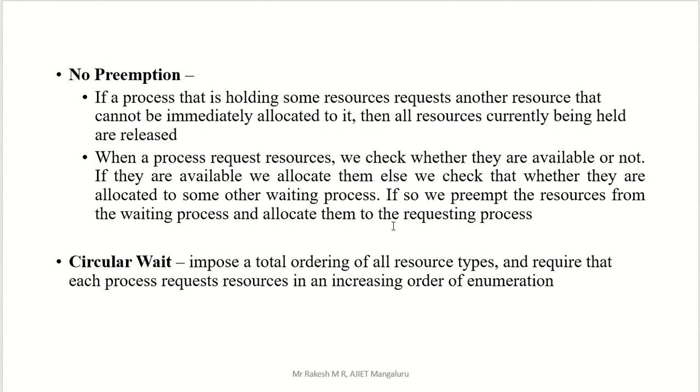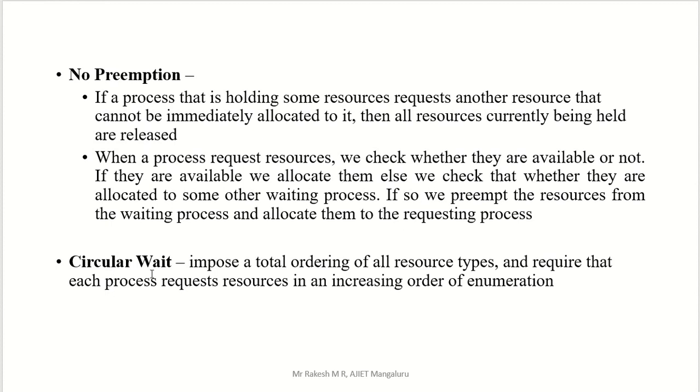P2 is holding R2 and waiting for R3. But P1 is not holding anything, just waiting for R1. That's why we are going to remove R1 from P2. Just assume we remove the connection from P2 and give R1 to P1. That is the meaning of this. At that time we can avoid deadlock.